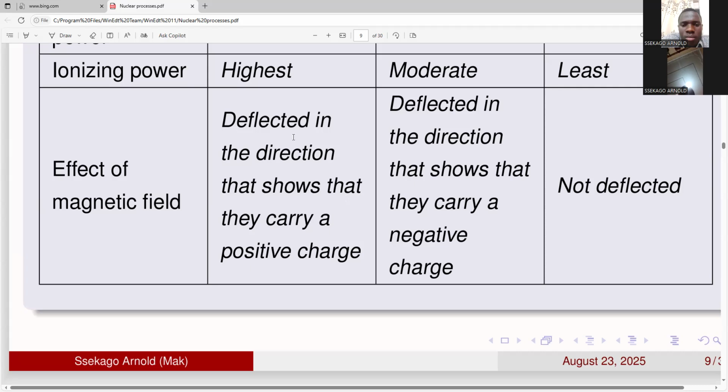The alpha particles will be deflected in the direction that shows that they carry a positive charge. And beta particles will be deflected by the magnetic field in the direction that shows that they carry a negative charge. Then gamma rays are not deflected since they carry no charge.